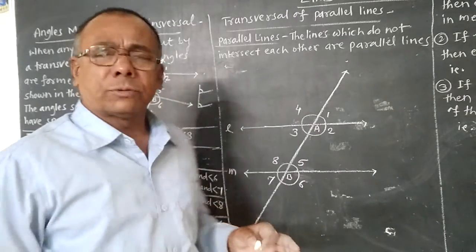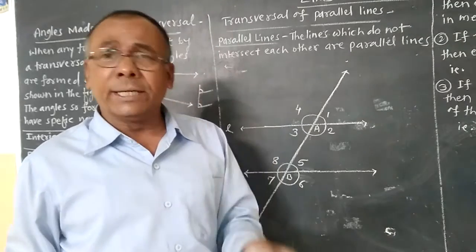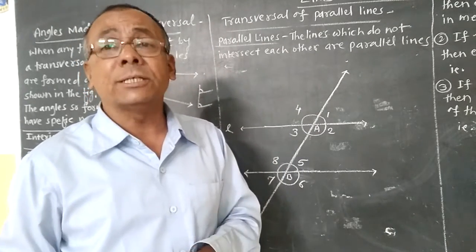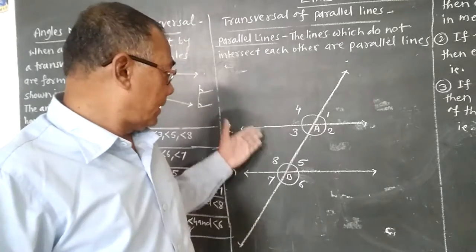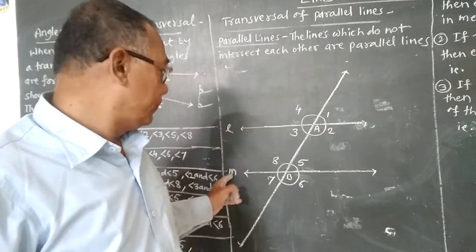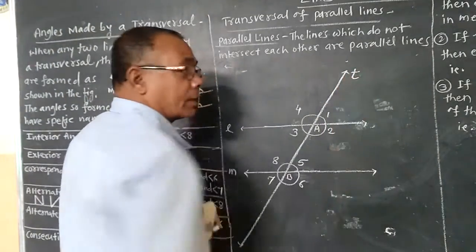If we produce the two lines and they are not intersecting, then and only then the two lines are called parallel lines. In the figure I have shown line L and line M, and a transversal T is drawn.